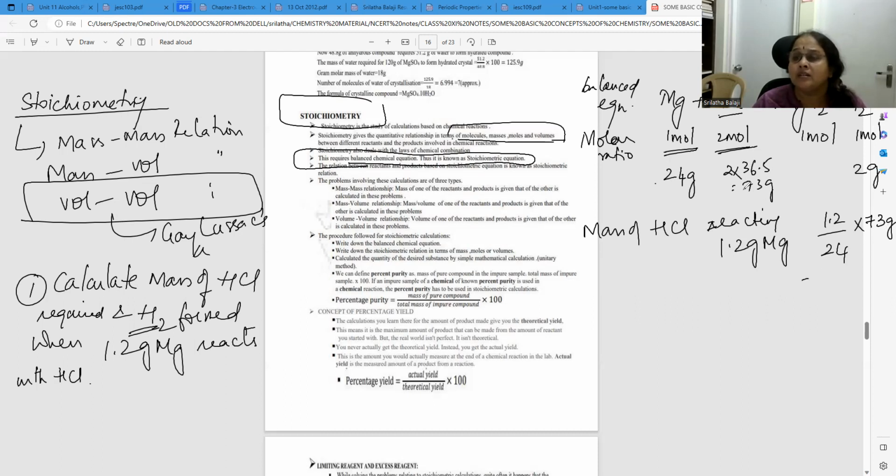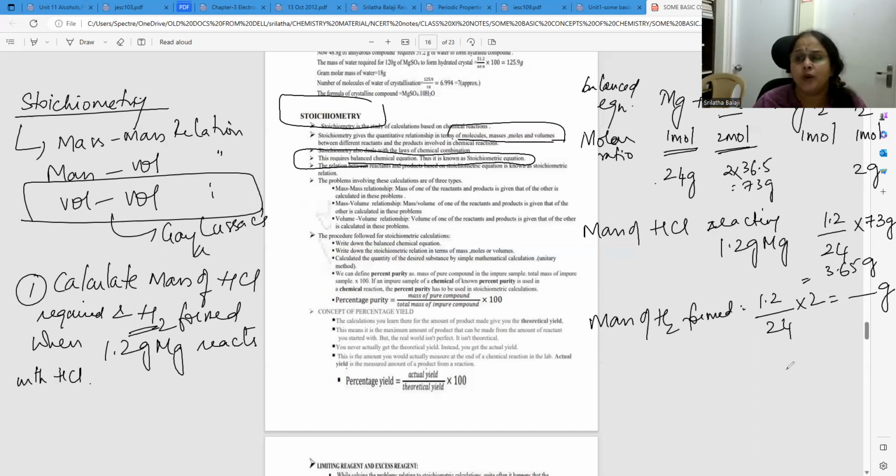Are you getting it? And what is the mass of hydrogen formed? 1.2 divided by 24 into 2. This will be the mass of hydrogen. Clear? So how much is the answer for the first one, HCl? 3.65.